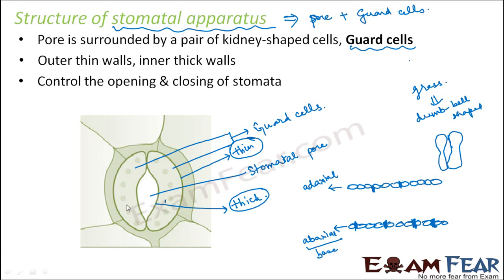Even outside the guard cell, these cells are known as subsidiary cells. This one, this light green colored structure, which is just outside the guard cells. And outside this, these cells are nothing but the epidermal cells.